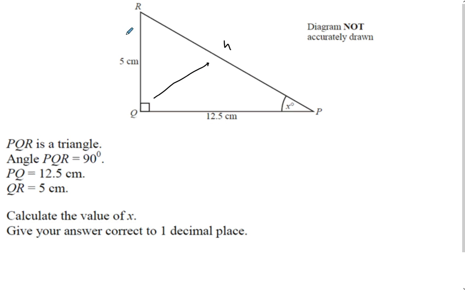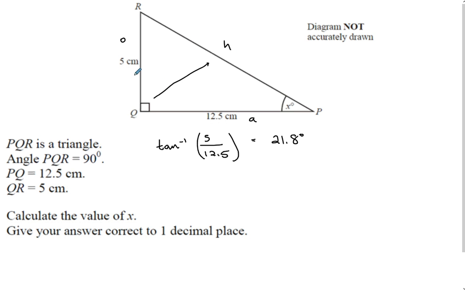Side opposite my angle is my O. That's my A. We have to find the value of X. So we've got the O and the A. So we're going tan of which angle is O, which is 5, divided by A, which is 12.5. And that gives us 21.8.